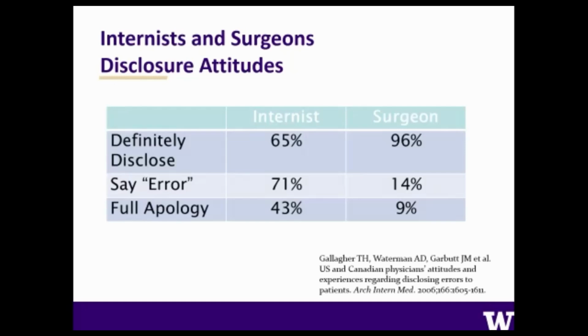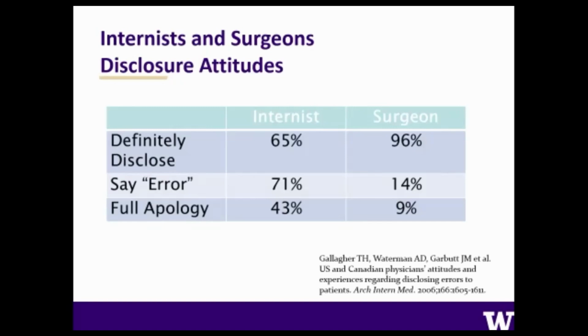And I always like to show this because you can see on the left-hand side, the internists, most of them say that they would definitely disclose a serious error to the patient, so an error that caused harm. But look at the surgeons. They're cowboys. Like, they're definitely going to disclose that error.